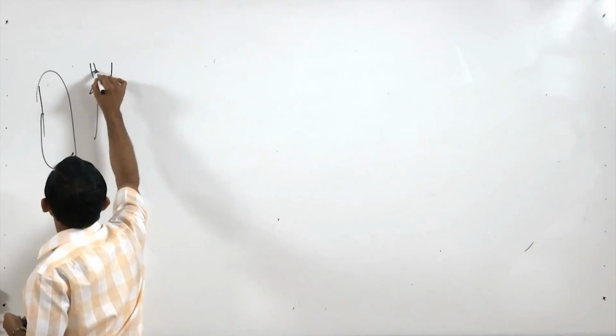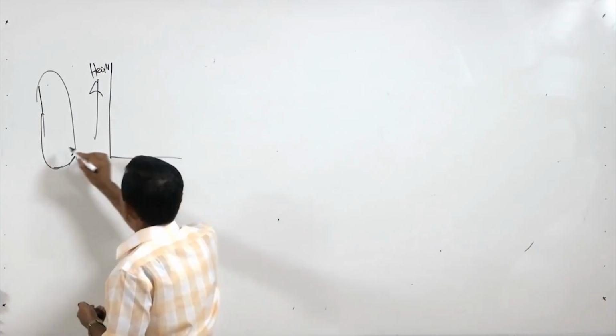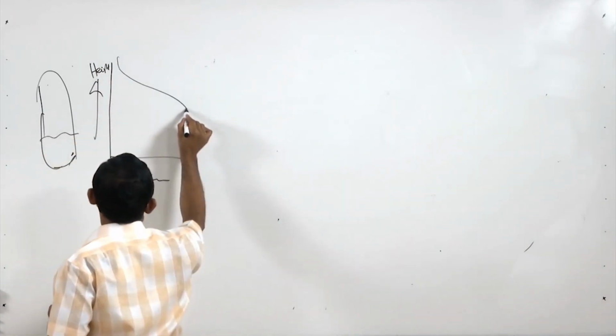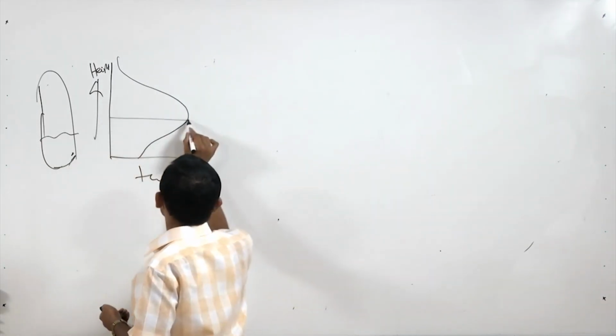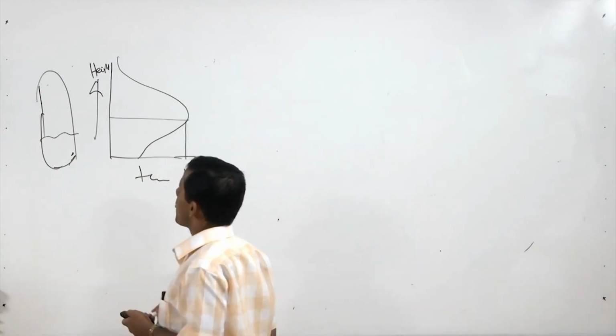This is the height of the gasifier, this is the temperature. This is the combustion zone, so the maximum temperature will be here and it will be reduced. This is around say 1800 degree centigrade. This is for the fixed bed.